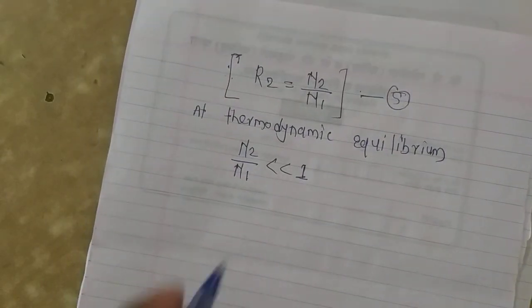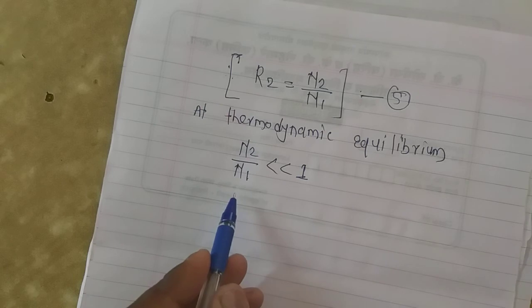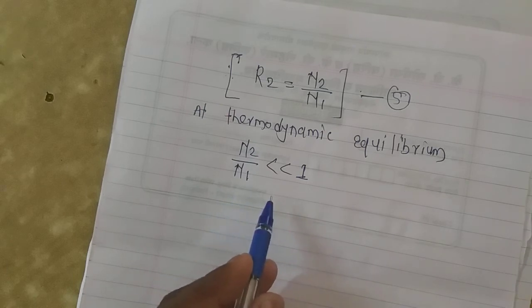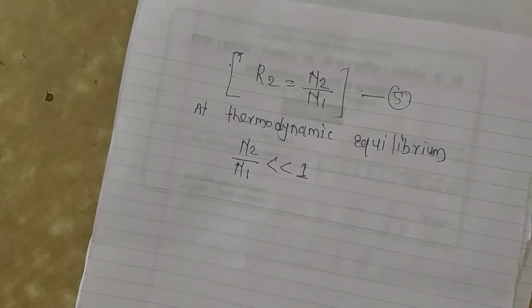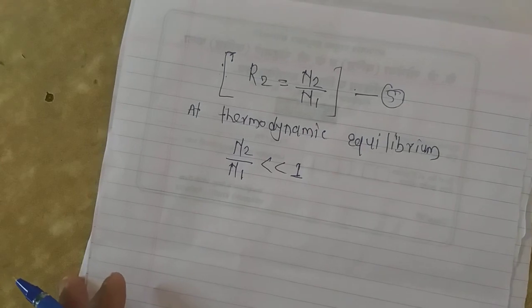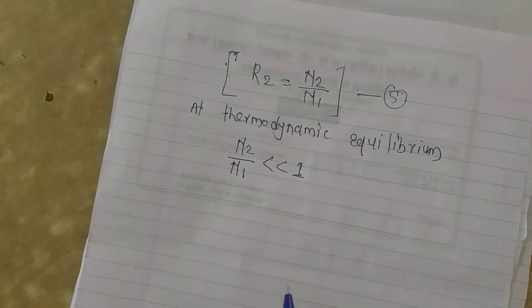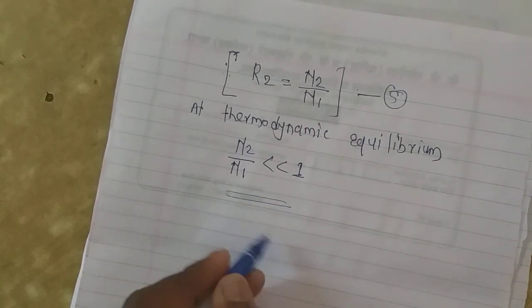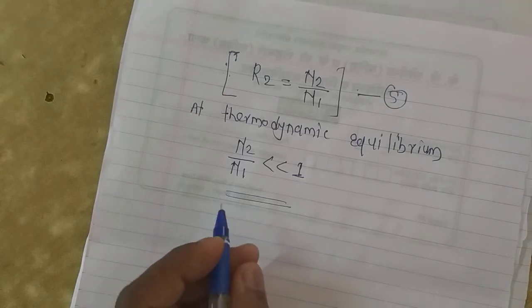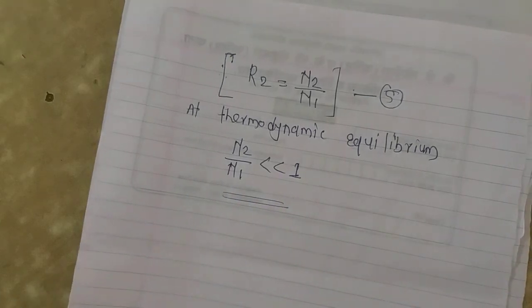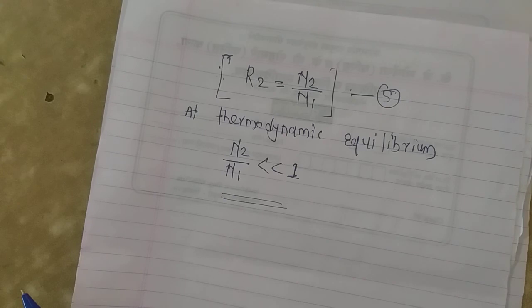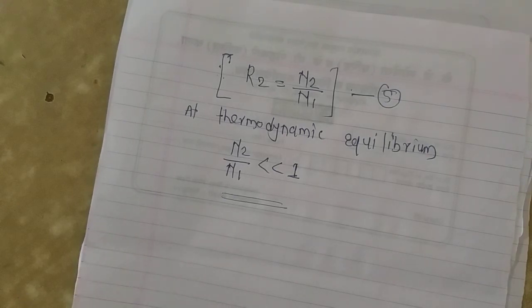Then the absorption transition overcomes the stimulated transition. In the next video, we will discuss some problems on these two topics, Einstein coefficient and the condition for large stimulated emission.